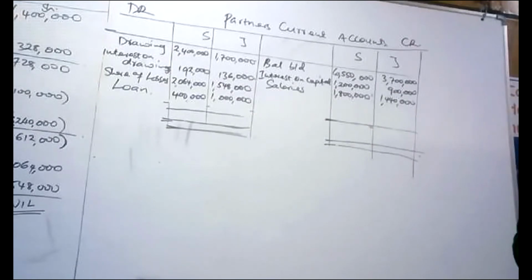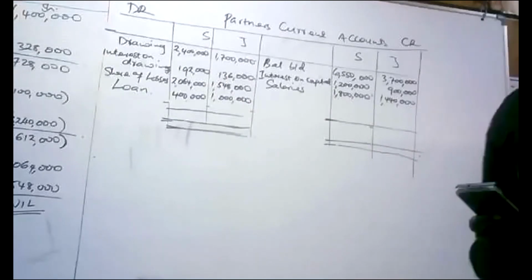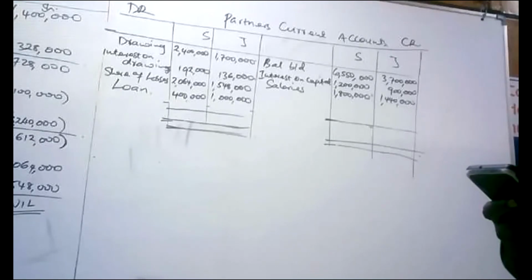That's why when we prepare the financial statements, anything that is accrued, we add because it belongs to that financial statement. Anything that is prepaid, we deduct because it does not belong to that period. We only consider what is for that financial year, whether paid or not. Anything that is not for that financial year, you deduct it.